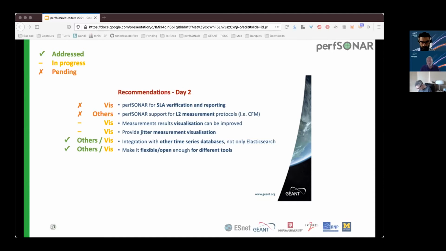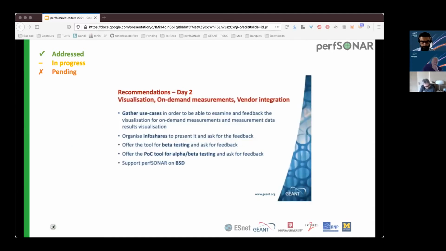You'll hear updates about all that during this workshop. And this was the last one. You see that a lot of things are currently in progress. Some have been addressed correctly, but this is where we're going.